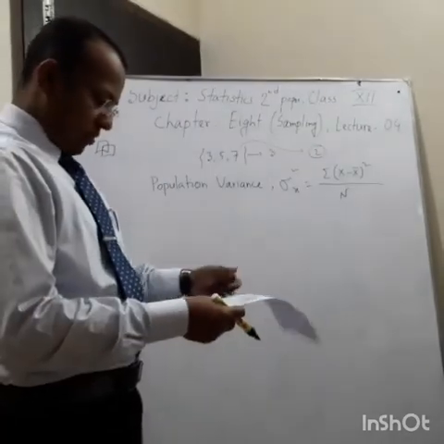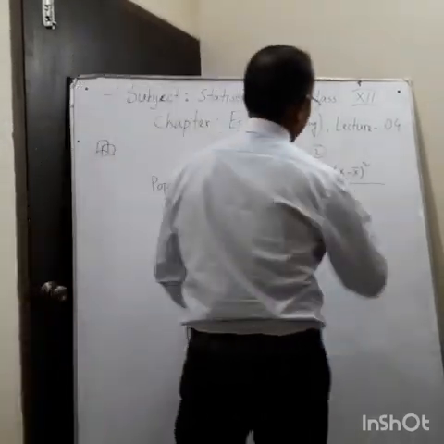This is the formula to determine the population variance. Simple.